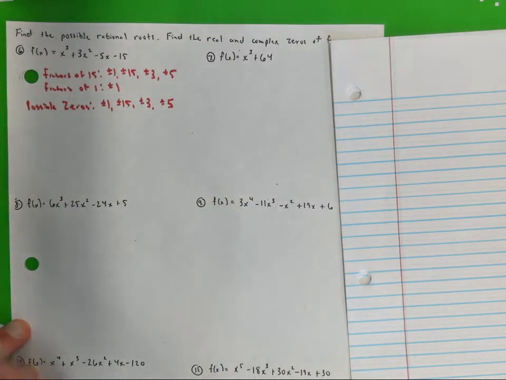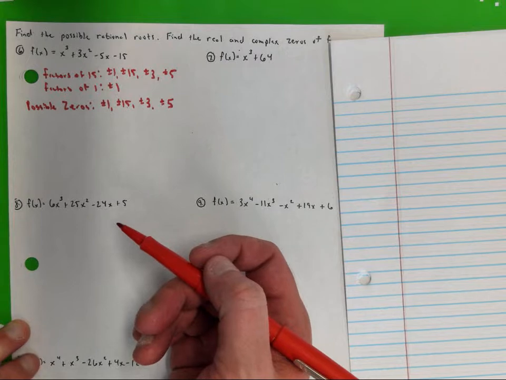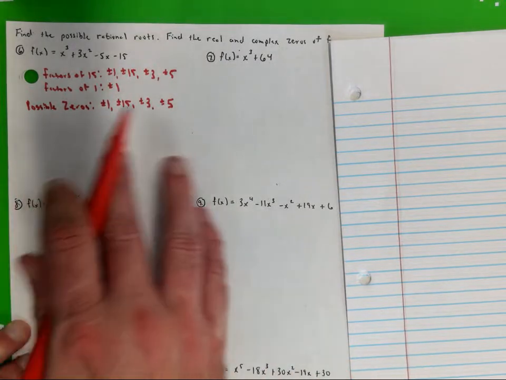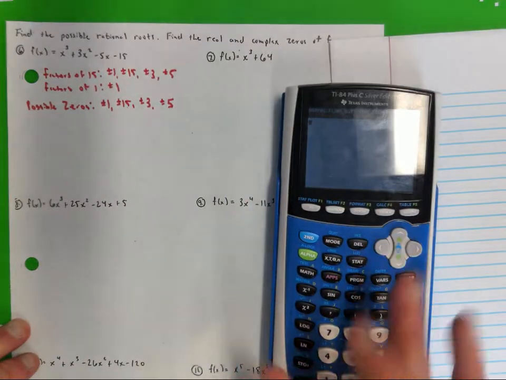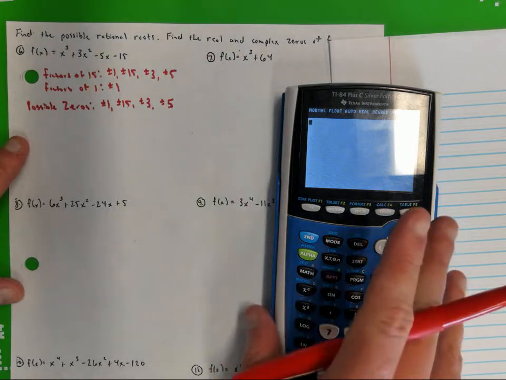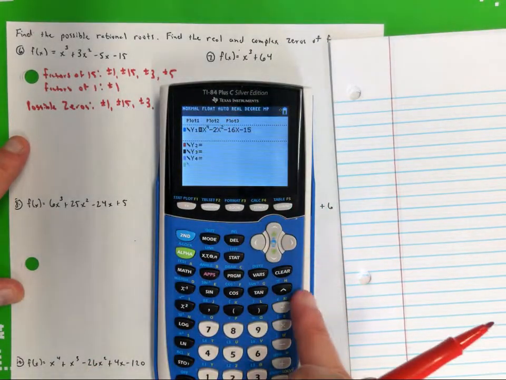Alright, so what we're going to do first, and the reason we do this, is so we can know if our answers are reasonable. Okay, so what I'm going to do is graph this.